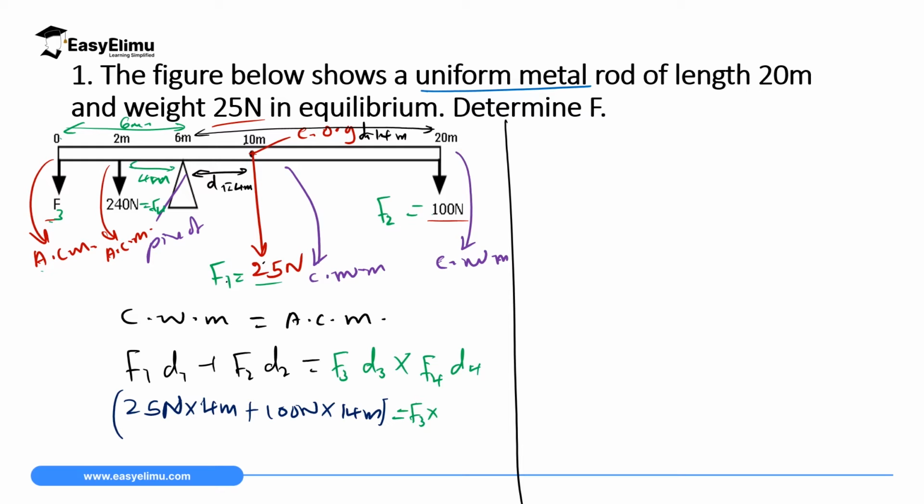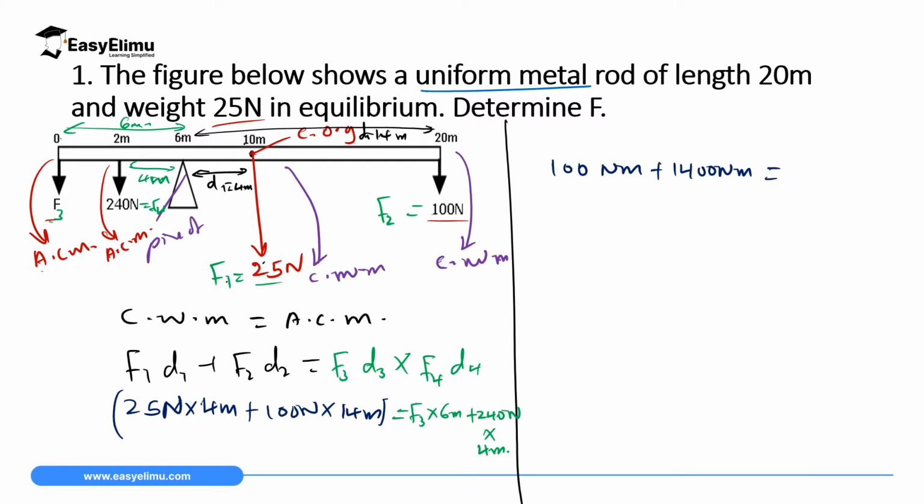In this case, D3 is 6 meter plus F4, that is 240 Newton times D4, which is 4 meter. If we solve this, it's 25 times 4, that is 100 Newton meter, plus another clockwise moment that is 14 times 100, which is 1400 Newton meter.